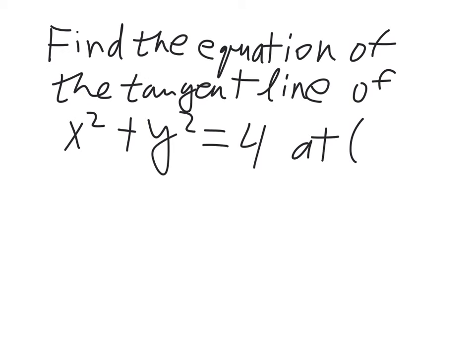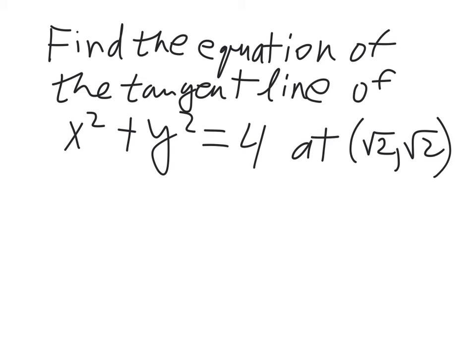Well, fairly straightforward. It's not going to be real nice. The point needs to be on the graph itself, but the point with square root of 2 would be on our circle, x squared plus y squared equals 4.